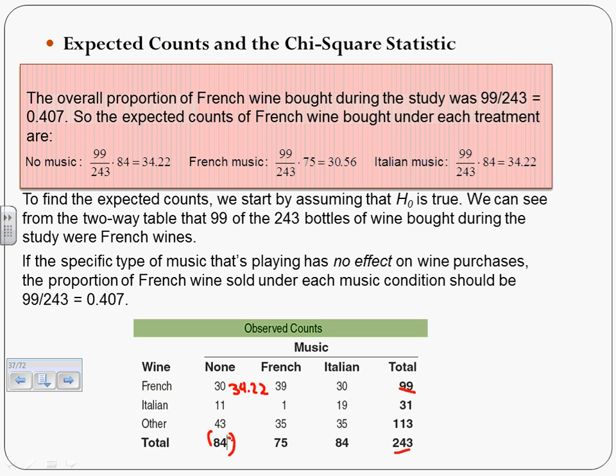Okay, so here if I take our 99 out of 243 and multiply it by the 75, I can see this expected count was 30.56. And we can continue to do this.